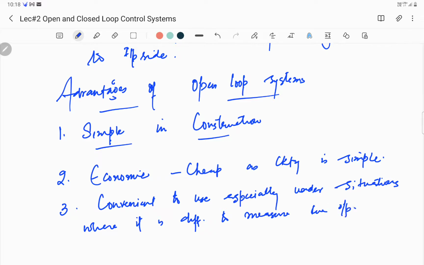In open loop systems, we don't need to measure the output. So it is convenient to use an open loop system, especially under situations where it is difficult to measure the output.